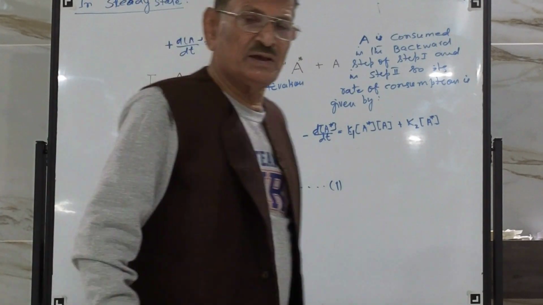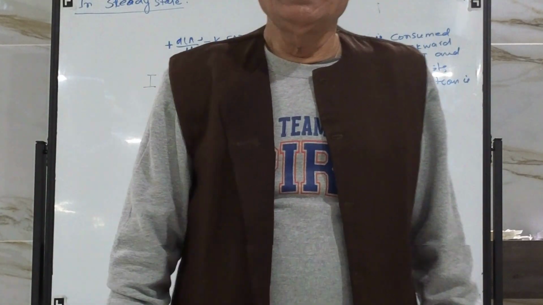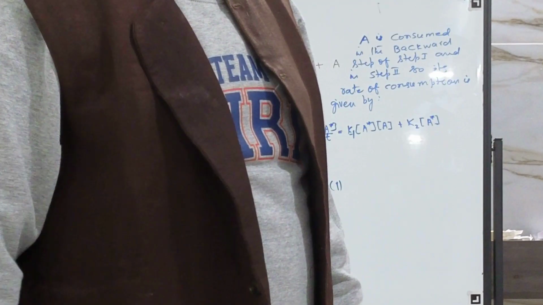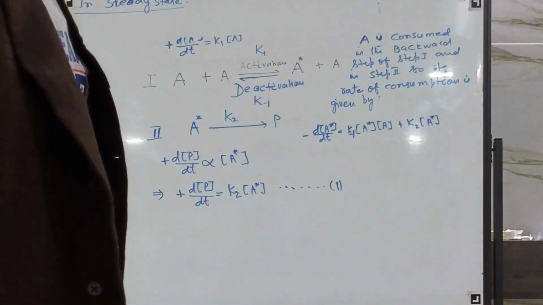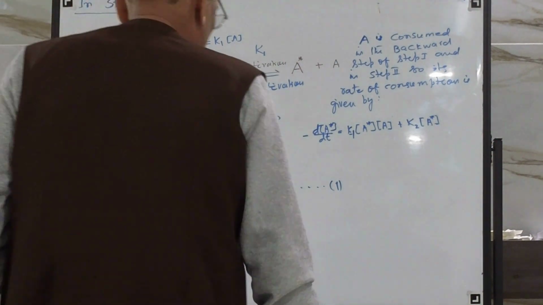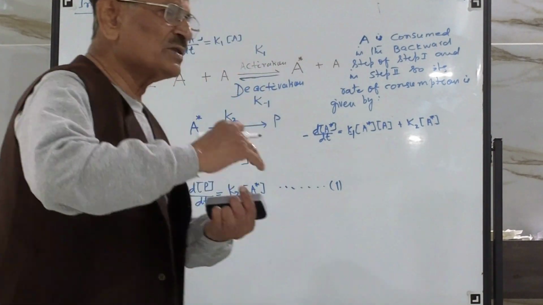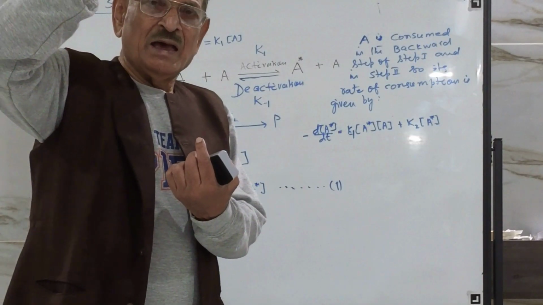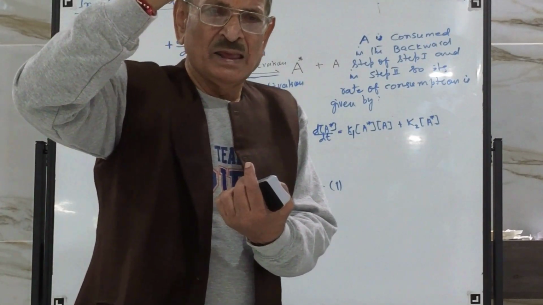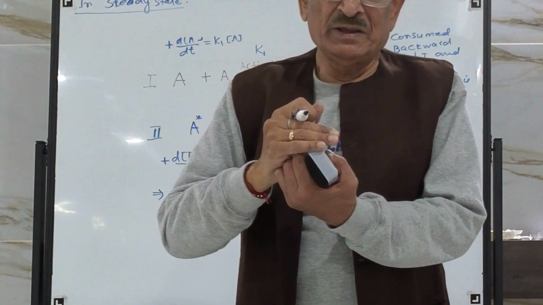A steady state is when a reactive intermediate is formed in any chemical reaction, the concentration of the intermediate goes on increasing, but soon it becomes constant.